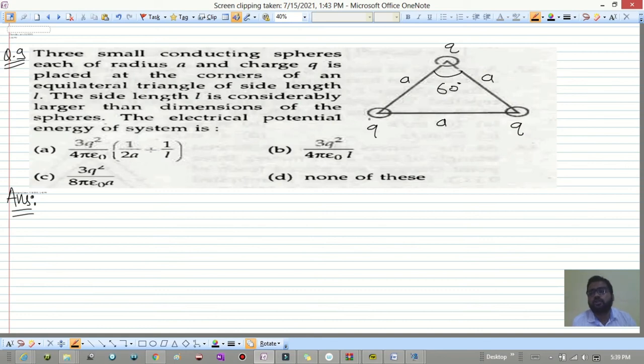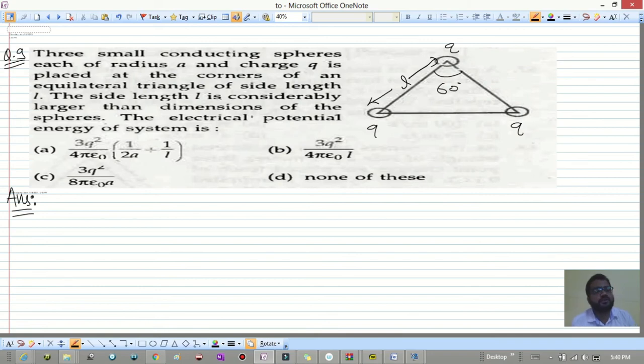So the radius is given as a and the side length is L. We want the electrical potential energy of the system.